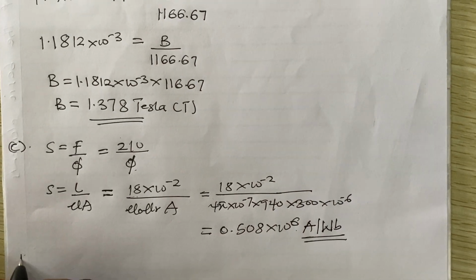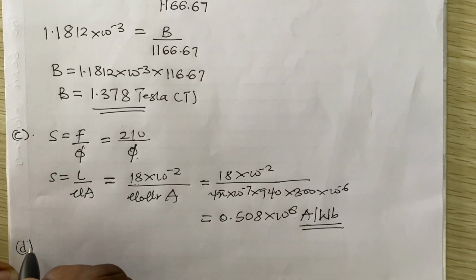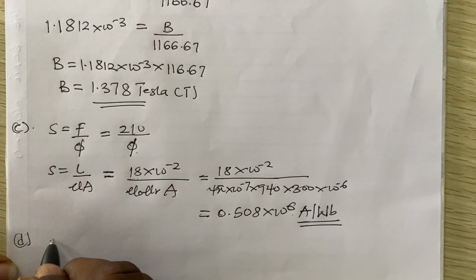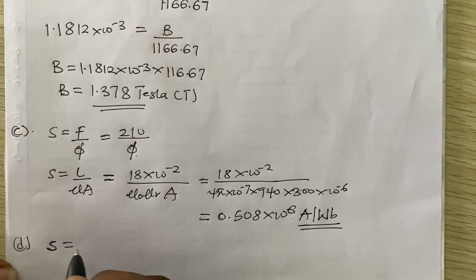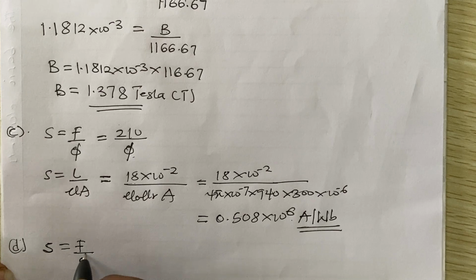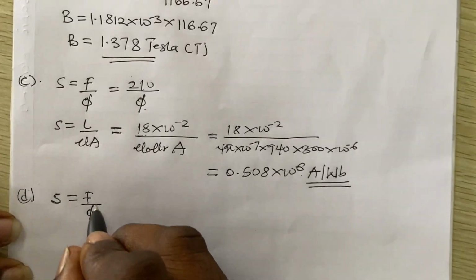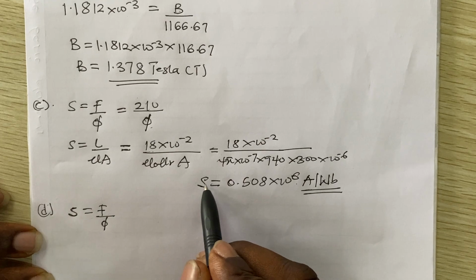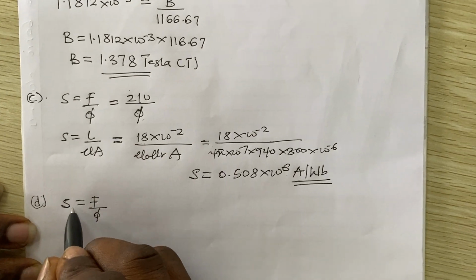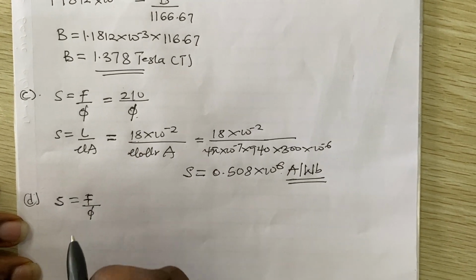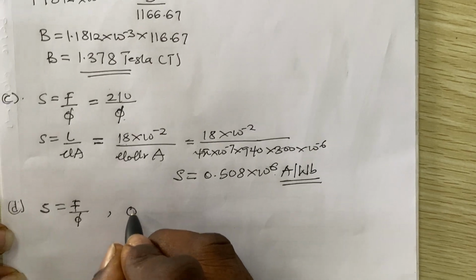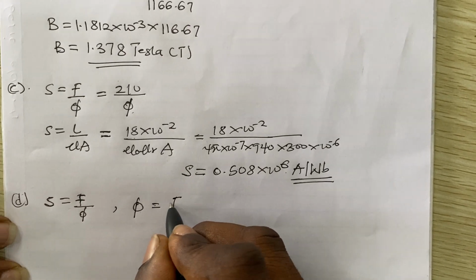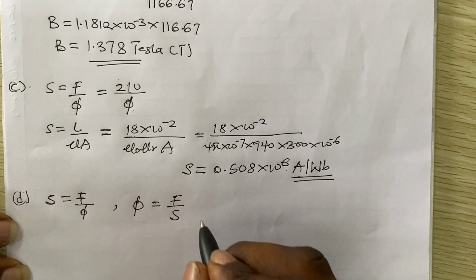All right, so to the last one, D, we have to find the magnetic flux. So now we can say S is equal to F on flux, and we've already calculated the reluctance, right? So reluctance is equal to the force on the flux, and by changing the subject, we can have flux equal to the force on reluctance.